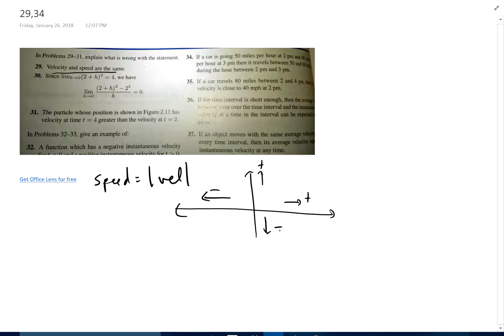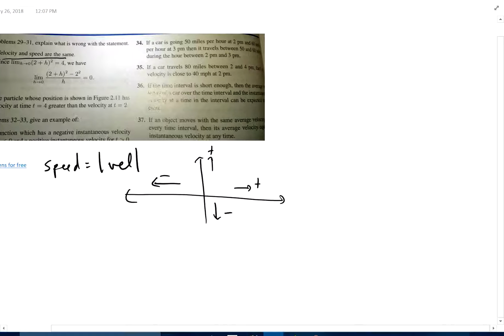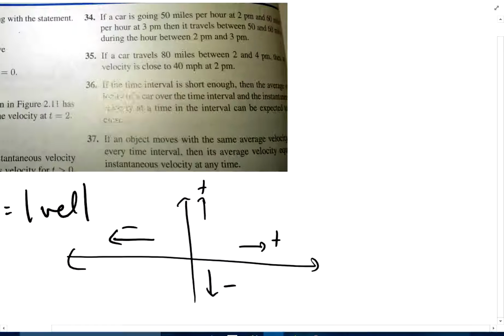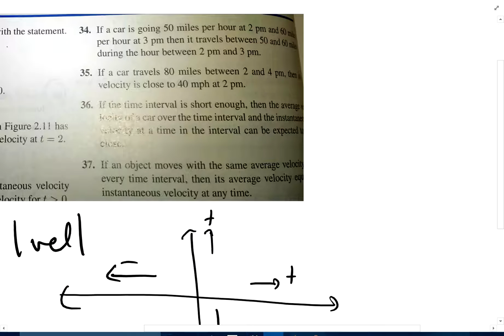And lastly, 34. If a car is going 50 miles an hour at 2 o'clock and 60 miles an hour at 3, then does it have to travel between 50 and 60 during the hour? Let's make this bigger here. It travels between 50 and 60 miles an hour between 2 and 3.